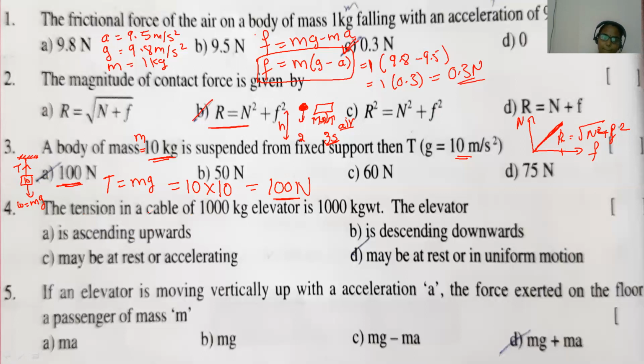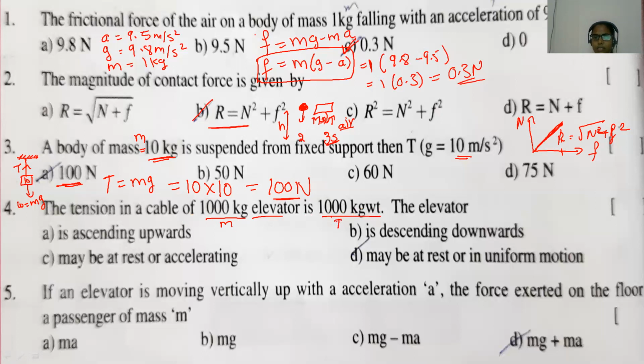Next, tension in the cable of a 1000 kg elevator. The mass of the elevator is given as 1000 kg, right children? And the tension is this much weight, 1000 kg weight.